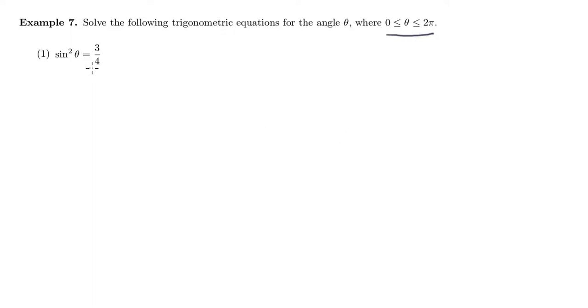Okay, so if we want to solve this equation, we just want to isolate theta. Notice that when we write sine squared theta like this, what this really means is sine of theta all squared. Now we want to use order of operations to reverse this process. This is something squared, so let's take the square root.